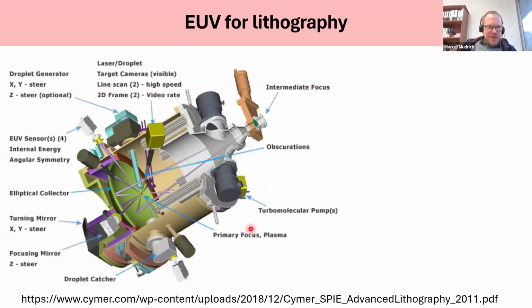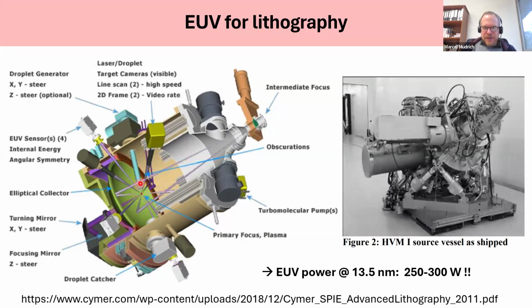This is another view of such a source. It's called a tin droplet source, because tin particles are injected into this big vacuum vessel where they are then irradiated by the CO2 lasers. And the whole irradiation step is also quite complicated to eventually get an average output power in the range of 250 up to 300 watts of EUV radiation.